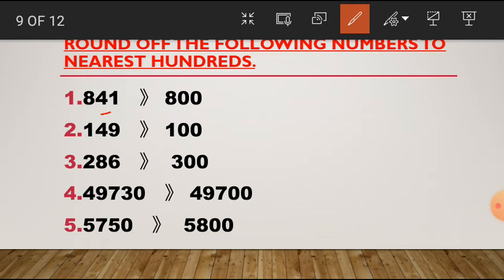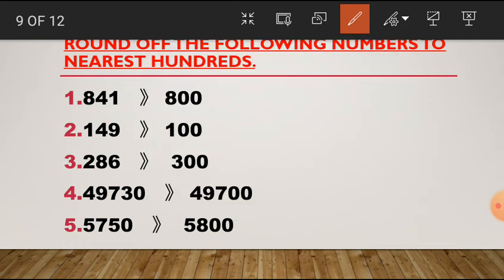So just replace 4 and 1 both by 0. So the answer is 800. Got it? Now look at the next one, 149. Here the tens place digit is 4. 4 is less than 5. So you replace 4 and 9, that is tens place digit and ones place digit both by 0. So here the answer is 100.